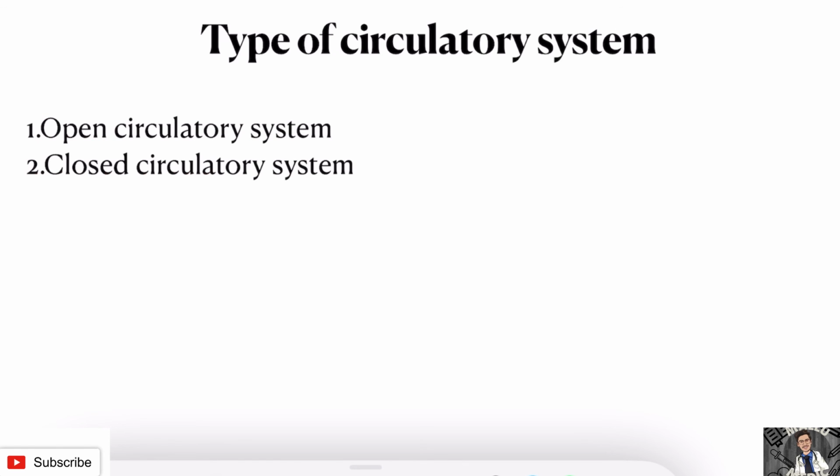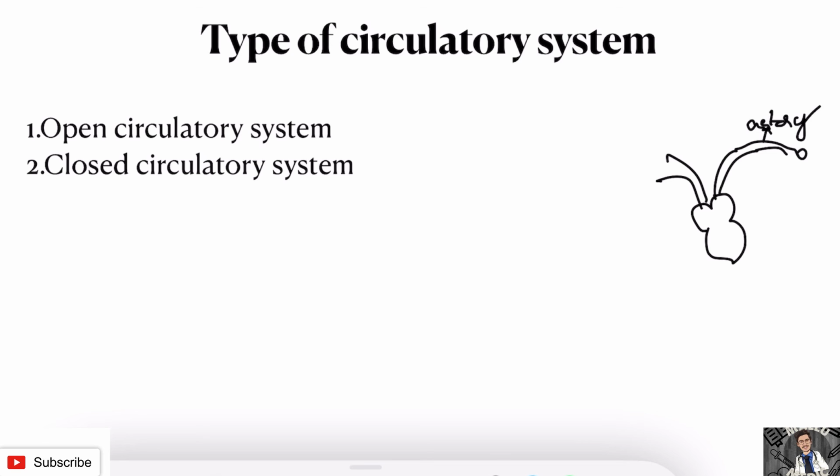Now, the type of circulatory system. We have two types of circulation, open circulatory system and closed circulatory system. First of all, let me tell you about the closed circulatory system. For example, in us humans, we have the heart, right? And the heart is connected with several blood vessels. Suppose here we have a cell. The blood reaches the cell through what?